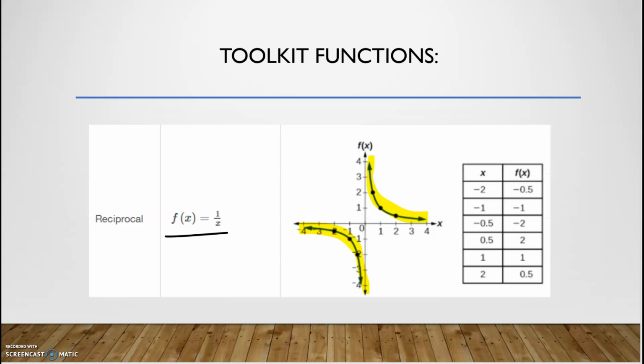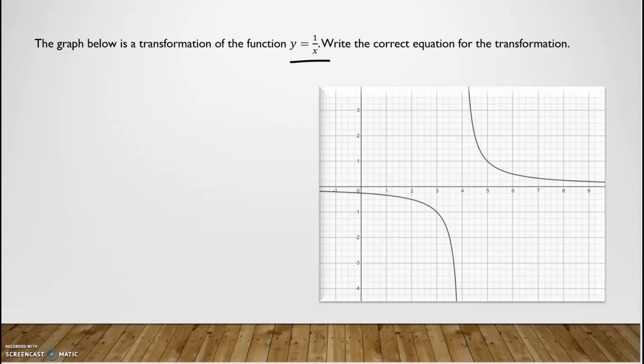Notice how it has an asymptote at the y-axis. Now back to ours, right here. Notice how it has an asymptote at 4. Okay, so it moved from being over here to the right 4 units.